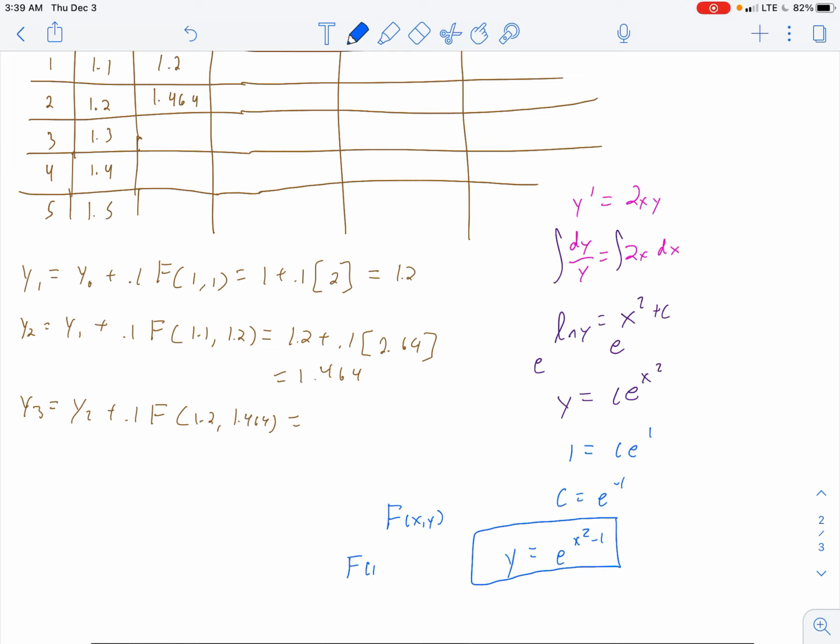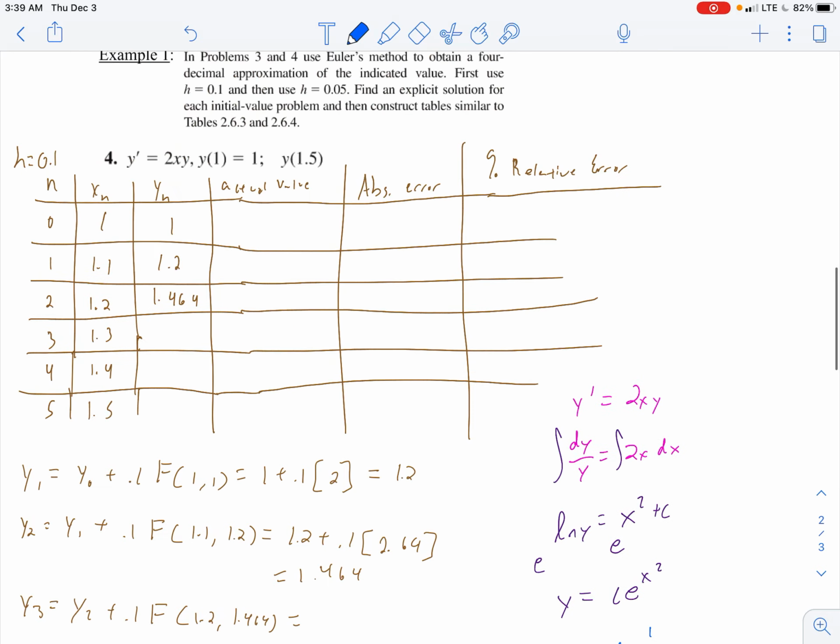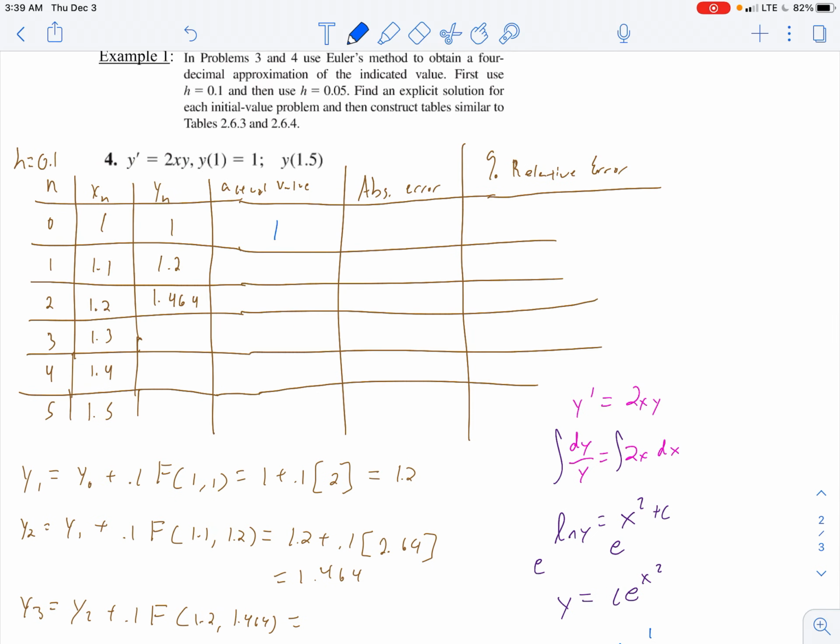I'm sorry, it's not f of xy, because I already put it in terms of x, it's just going to be f of x. So when we plug in 1, we're going to get 1. So our actual value is 1.